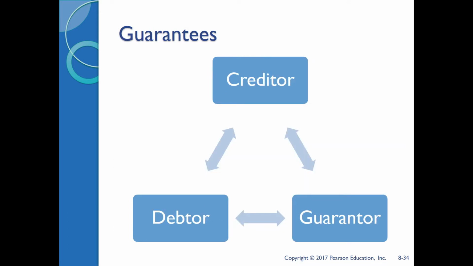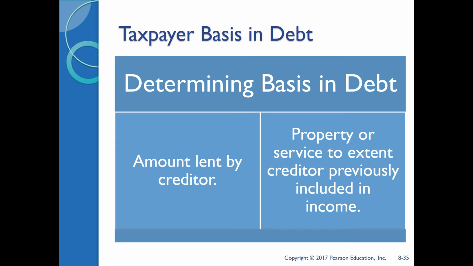So guarantees: the creditor has a guarantee of repayment from a guarantor. The taxpayer's basis in the debt: to determine the basis in the debt, we look at the amount lent by the creditor in property or service, to the extent the creditor previously included that amount in income.